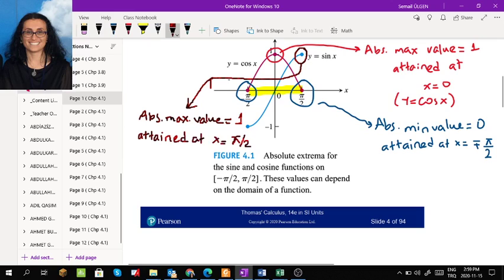On the other hand, it has a minimum value right here, so I'm going to use green to differentiate things.